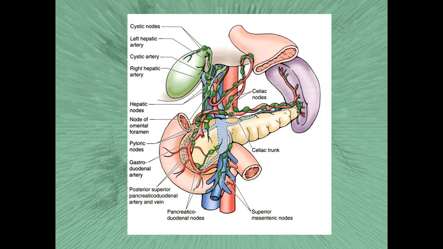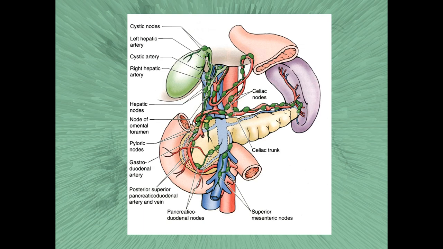So lymphatic drainage of the pancreas starts from the lymphatic capillaries, forming the network in the gland, then to the lymphatic vessels, and then to the regional lymphatic nodes.